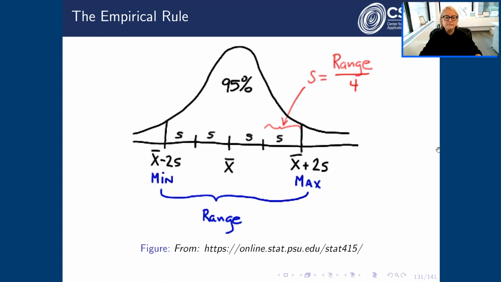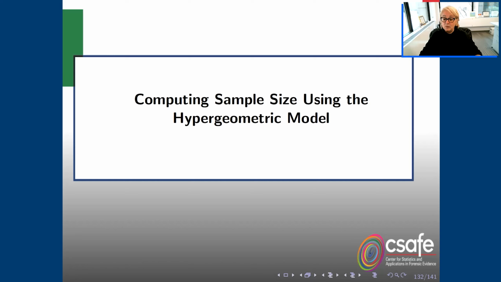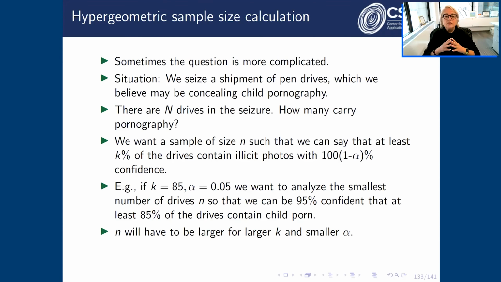Okay, the last thing I want to talk about today is what happens when you have sampling without replacement and your question is a little different. Sometimes, let's suppose you have a situation where you seize a shipment, let's say, of pen drives that may be concealing child pornography. And let's suppose that there are big N drives in the seizure.